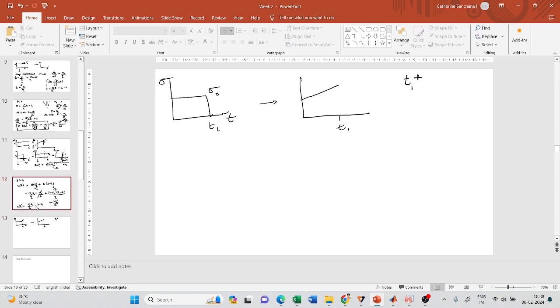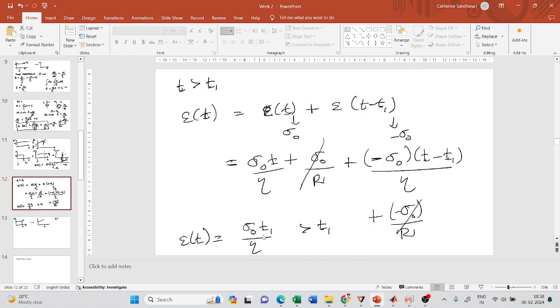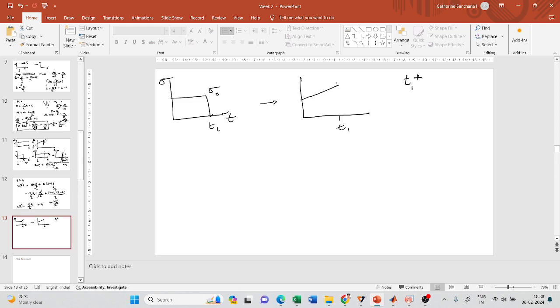What we found out is it is going to be sigma dot t1 by eta, so it is going to be somewhere here. Now there is a jump, which means there is an instantaneous jump.